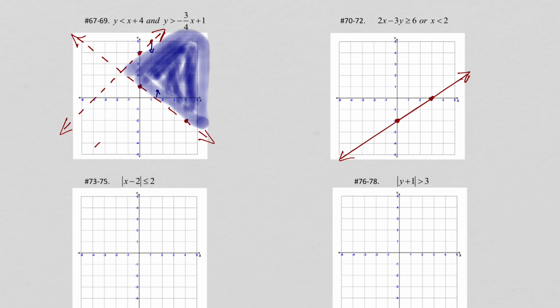Oops, what am I doing? Okay, now for the next line, x is less than 2 is a vertical line on 2, and it's dashed because there's no equal sign.